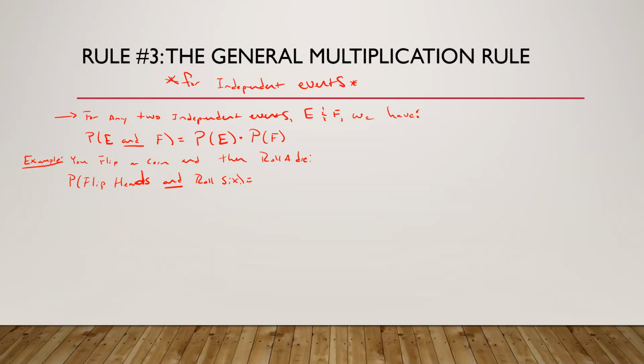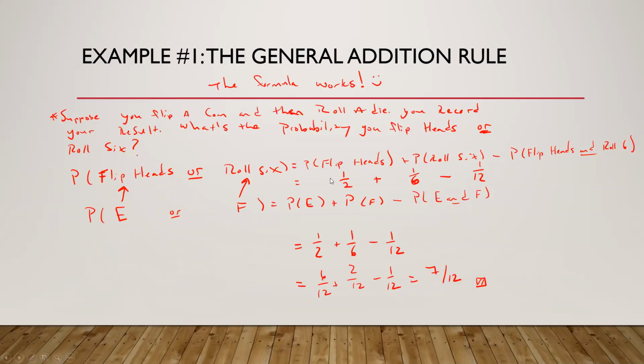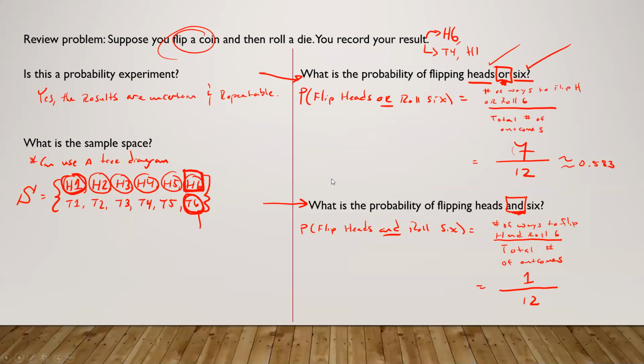So we've already done this, right? What is the correct answer? Does anybody remember? Yeah, it's 1/12. The probability you flip heads and roll a 6, the correct answer is 1/12. You should get 1/12 when you do this.